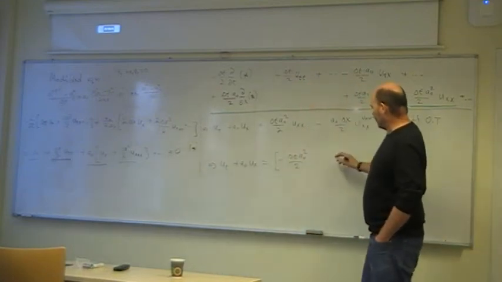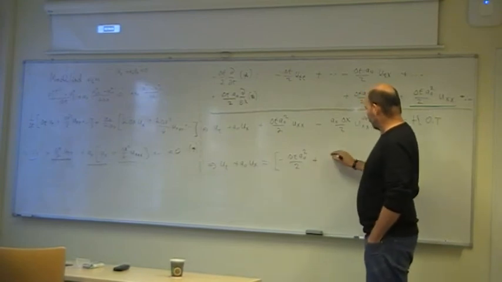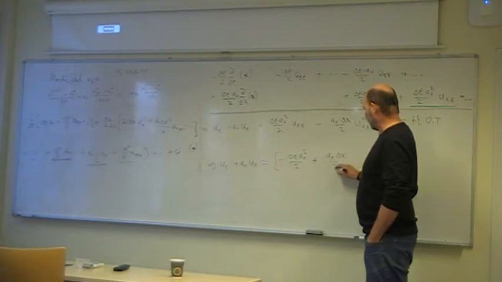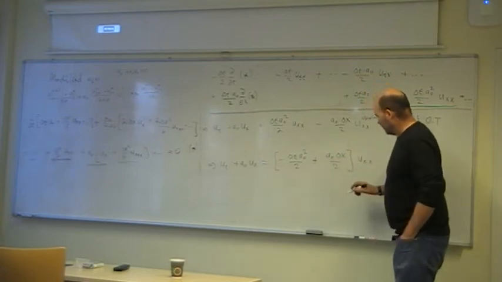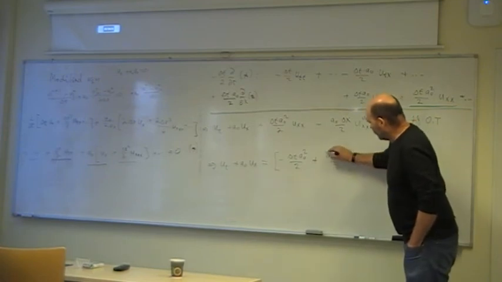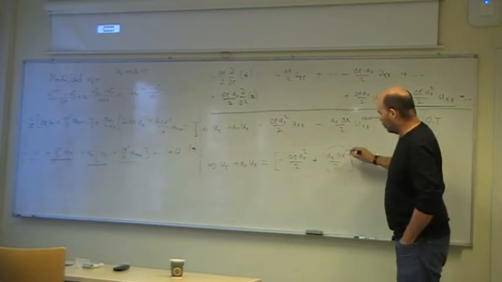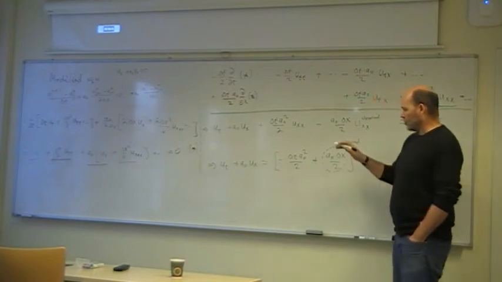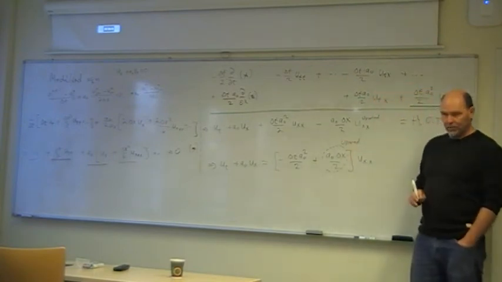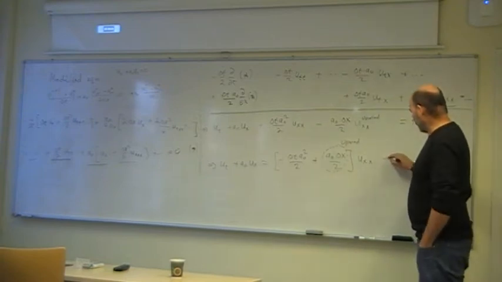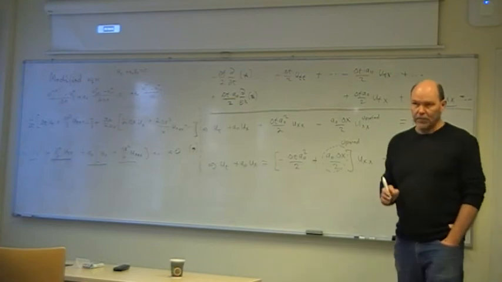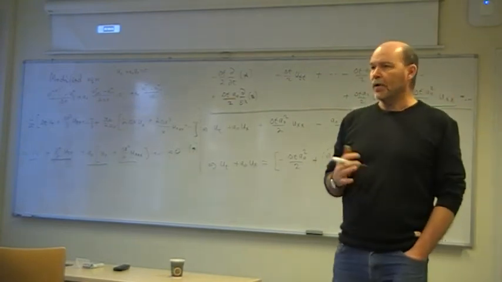This one becomes positive, plus a0 delta x half multiplied with uxx. This one was from the upwind scheme only. Upwind. For the central space scheme, we didn't have any other terms here. And then even higher order terms. And now we can actually see what's going on. This is what I would call the modified equation.